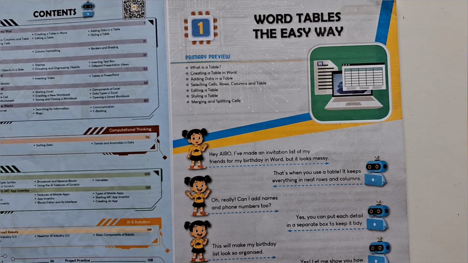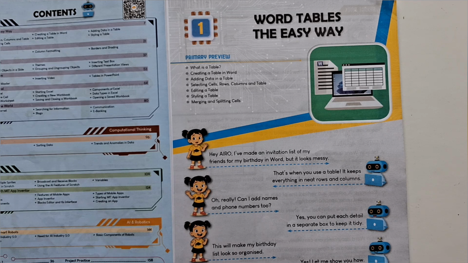Chapter one. Kids, which points do we learn from this one chapter? First, what is a table? Second, creating a table in Word. Third, adding data in a table.